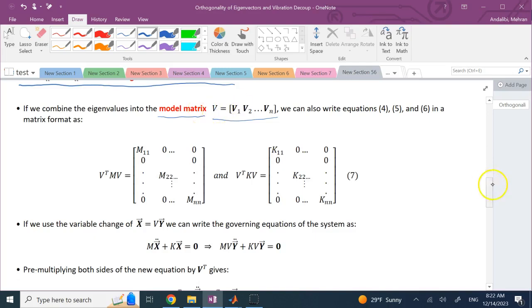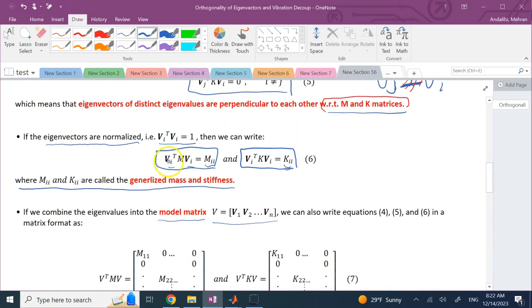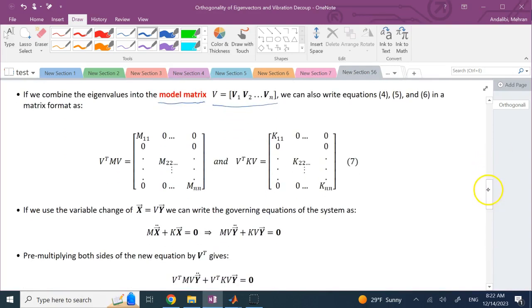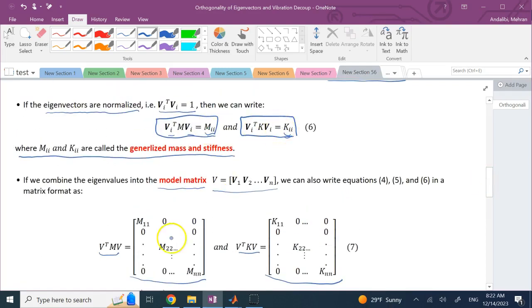If instead of an individual eigenvector we pre and post multiply the entire matrix V by m and k, now instead of one scalar, you get a diagonal matrix, where the diagonal elements are these generalized masses and generalized stiffnesses. So we can diagonalize m and k.